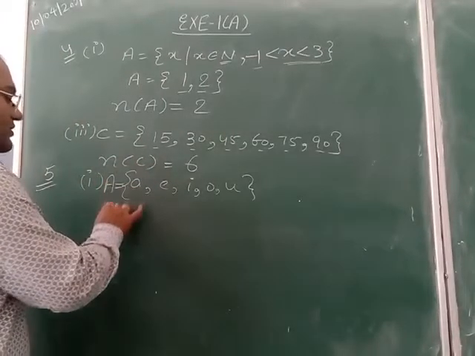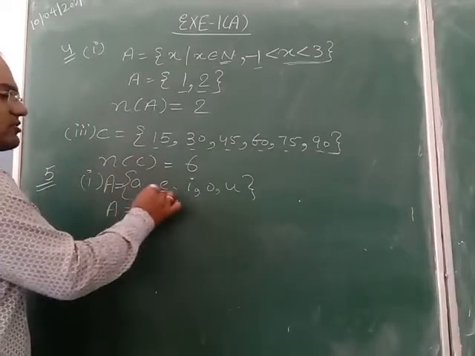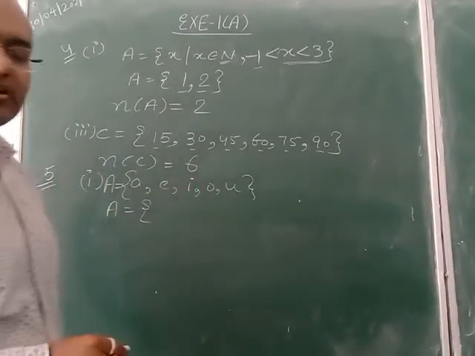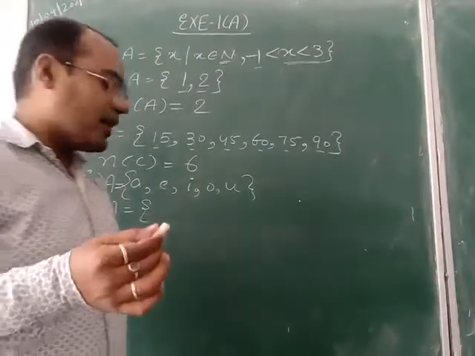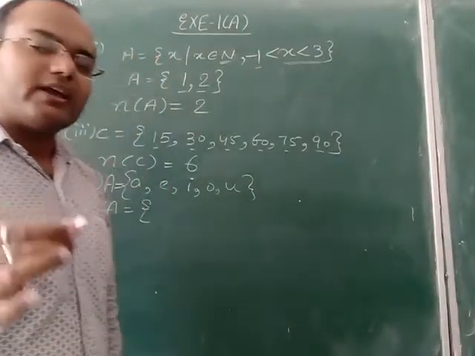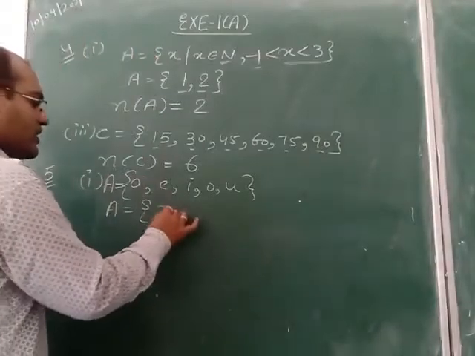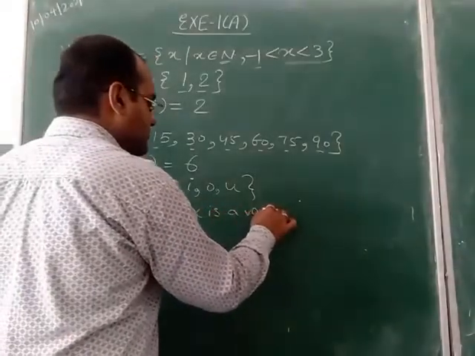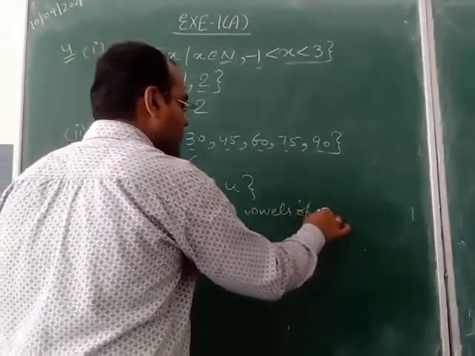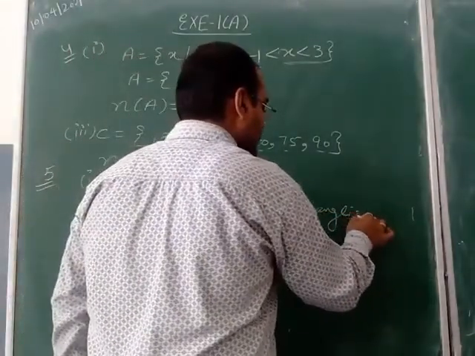Now in set builder form we have to write that these all are vowels. English grammar you have already studied these things. What are vowels? A, E, I, O, U. These all are vowels of the English alphabet. So you have to write x such that x is a vowel of the English alphabet.